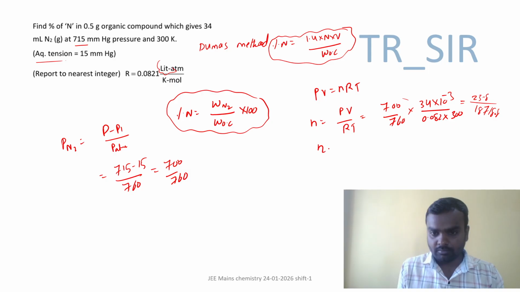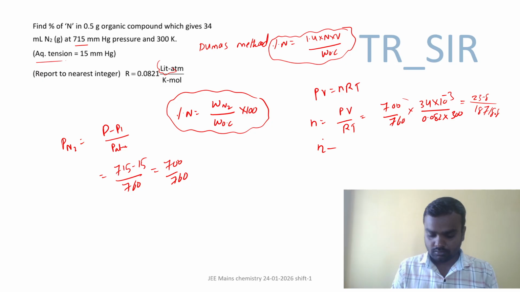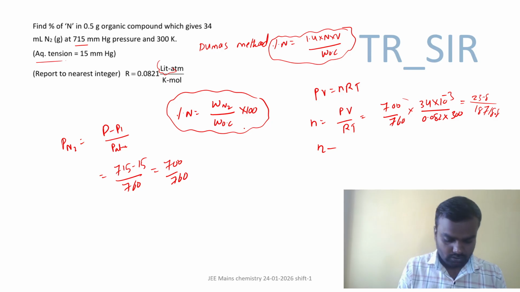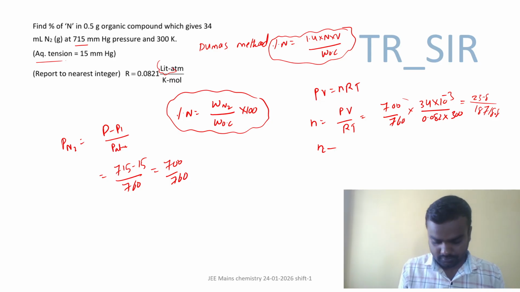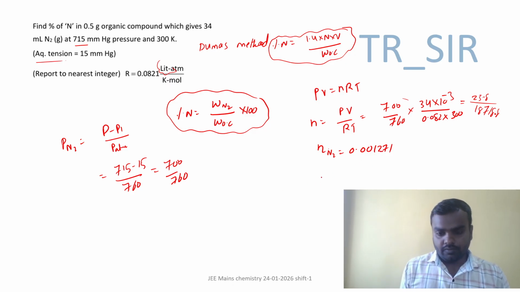So we'll be getting the number of moles of N2, 0.00127 moles.